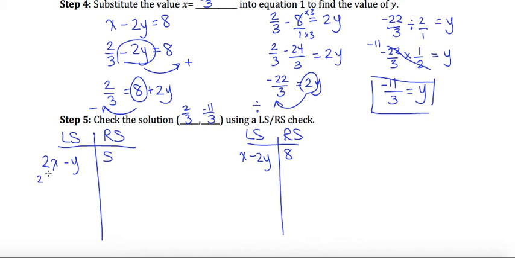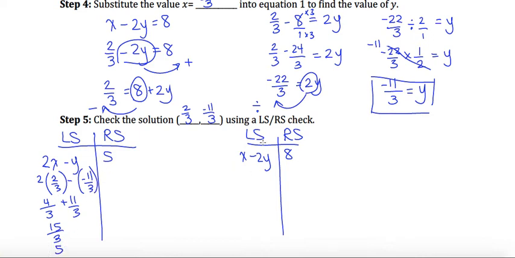So 2 times 2 over 3, take away negative 11 over 3. 2 times 2 is 4, 4 over 3, plus 11 over 3. 4 plus 11 is 15. Divided by 3 is 5. So look at that. That wasn't too bad.